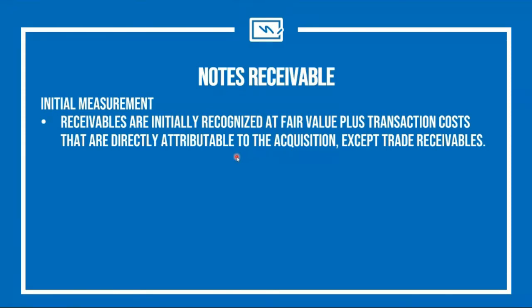So, yun yung dahilan kung bakit iba ang measurement sa trade notes receivable at saka yung non-trade na notes receivable. To reiterate, kapag trade receivable, PFRS 15 ang ginagamit natin. Kapag non-trade, gagamitin natin siya ng PFRS 9.